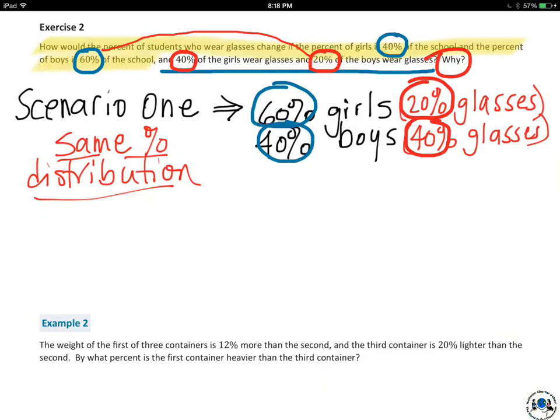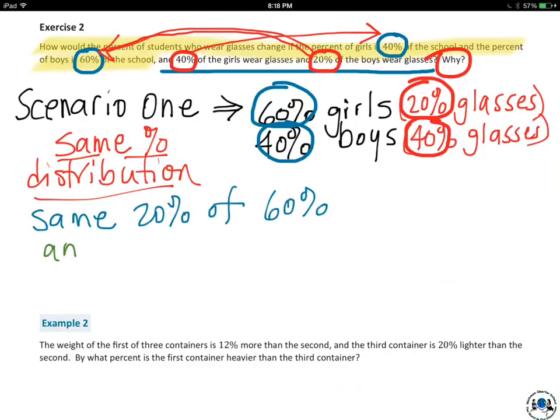We still have 20% of 60% here, and we still have 40% of 40% here. It's just the genders have changed. They've just flip-flopped. I knew there was some sort of little trick to it. Not necessarily a trick. They're just trying to see if you were observant or not. So we still have the same 20% of 60% and the same 40% of 40%.